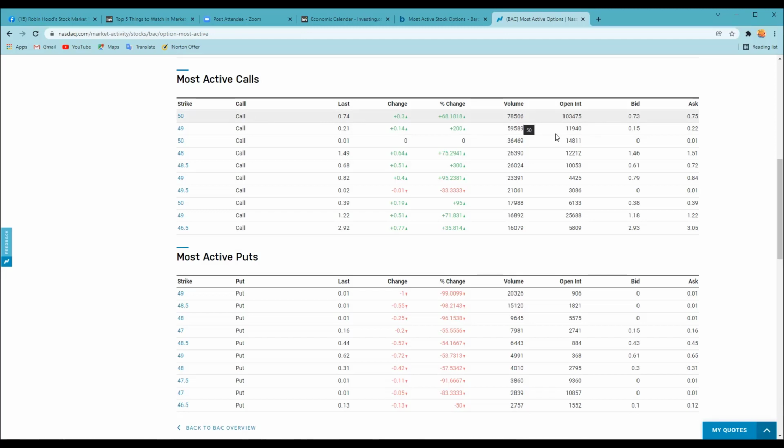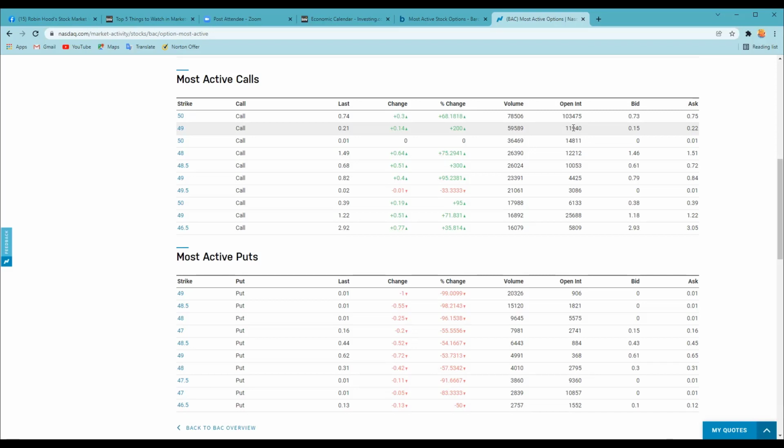But it's providing us, like I said, a lot of valuable information and activity because we're seeing more and more interest on the $50 call strike price. And we're seeing more activity on other strike prices like the $49 strike price that only had an open interest of just under 12,000, and now we have a volume of 59,000.